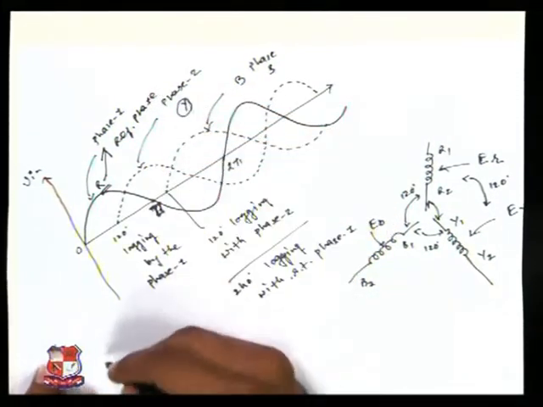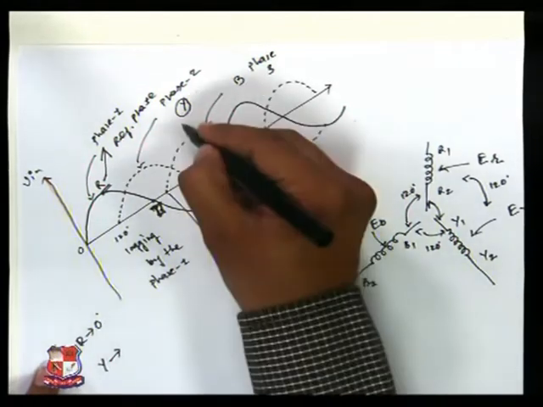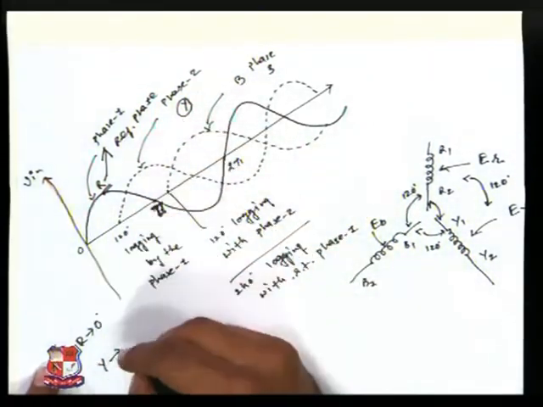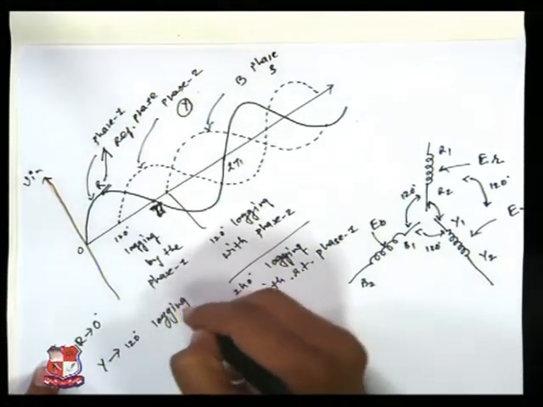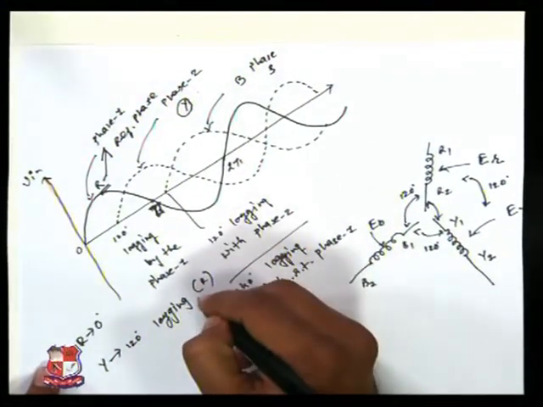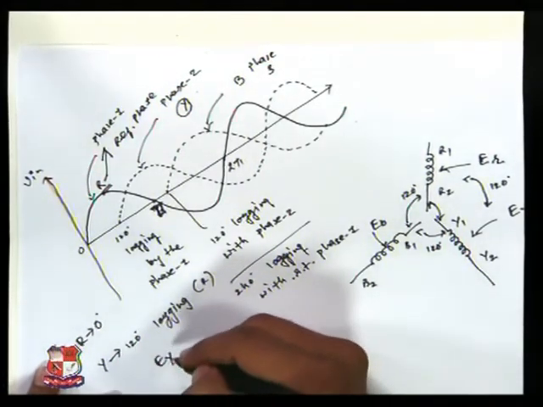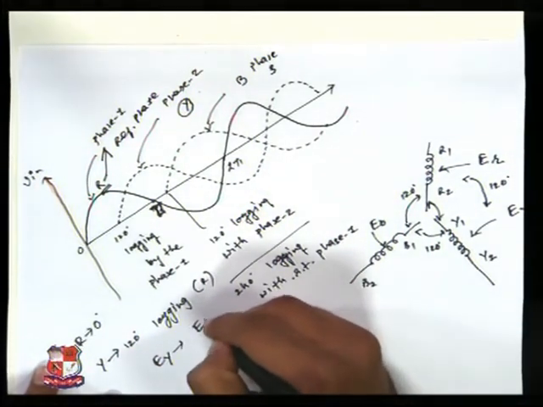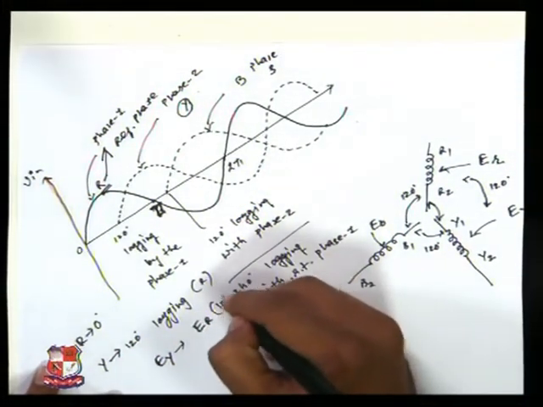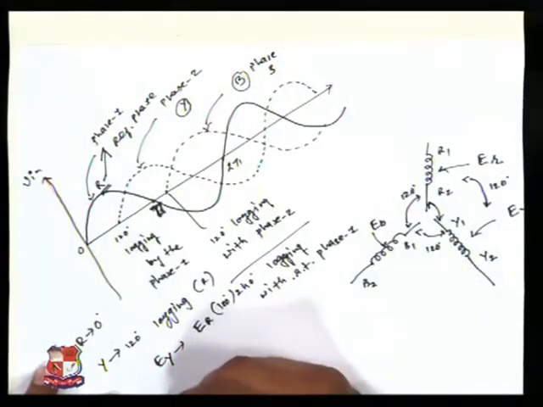We can see that R is the origin at 0 degrees, so Y, phase 2, is 120 degrees lagging with respect to R. So definitely EY, the potential of the Y phase, is lagging ER by 120 degrees, and the same happens for the B phase.